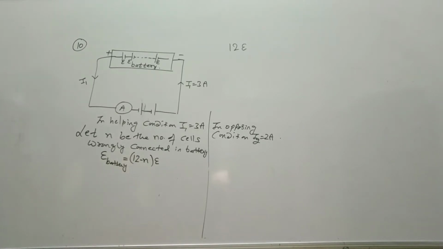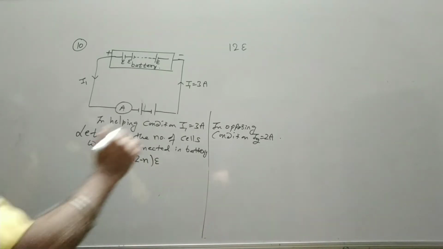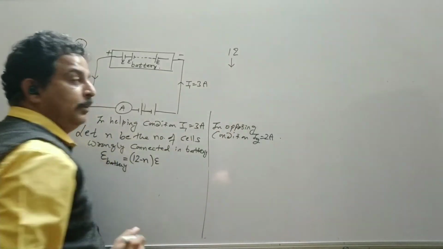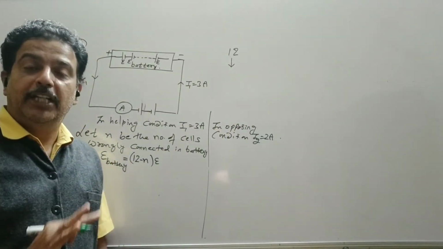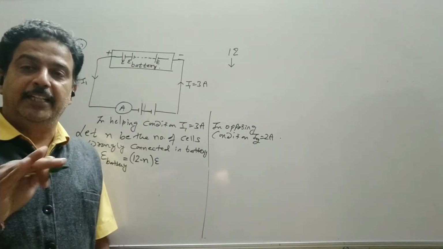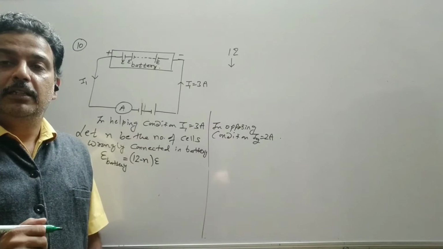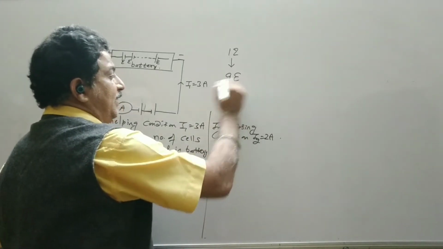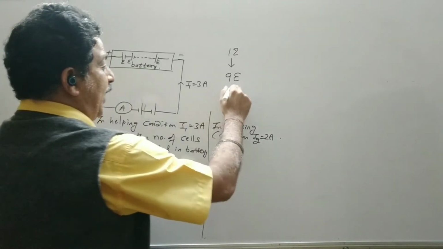That many less than the total number. So see, we have the total number to be 12. If I say 3 are wrongly connected, it means 9 are connected in the proper way, or in a helping condition. So total EMF becomes 9E.